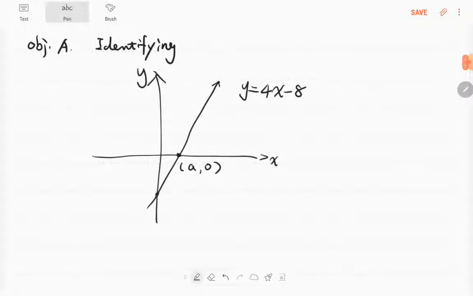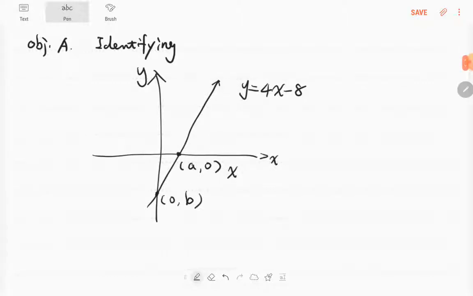And we have another special point, where the line crosses the y-axis, and the value for x is 0, and the value for y is called b. Then this point, we call it the x-intercept, and this kind of point, we call it the y-intercept.